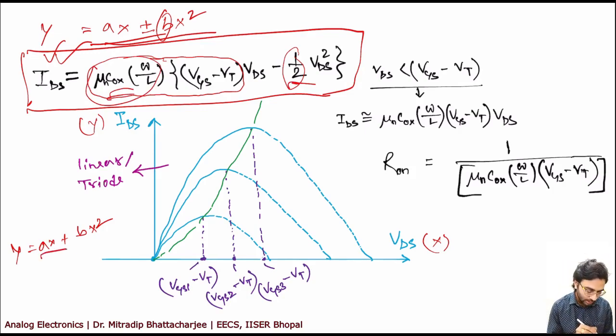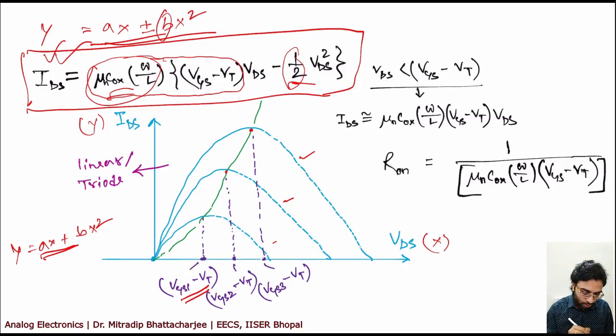Now if you plot this, you will find your characteristics something like this, and with different VGS minus VT, you will find the peaks are changing. How to find the peak? You just take a derivative of this and you will find that VGS minus VT is actually giving the peak voltage.